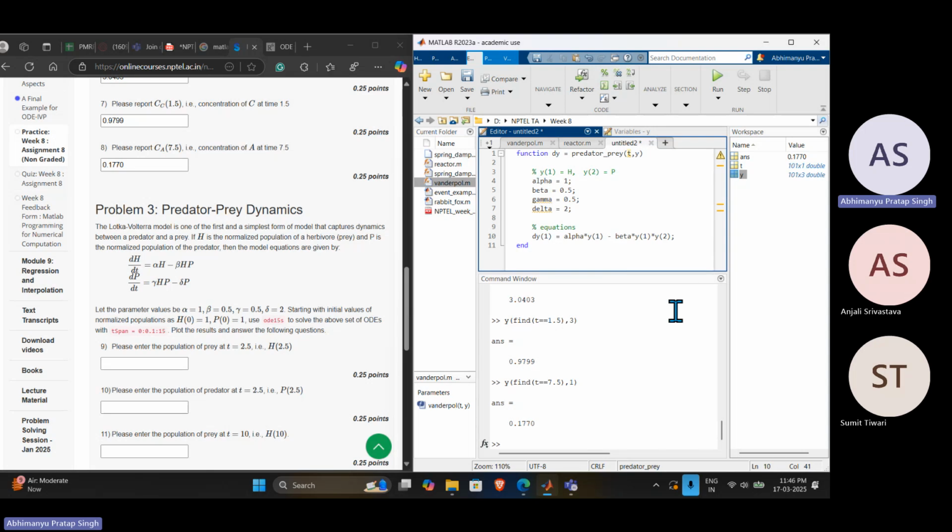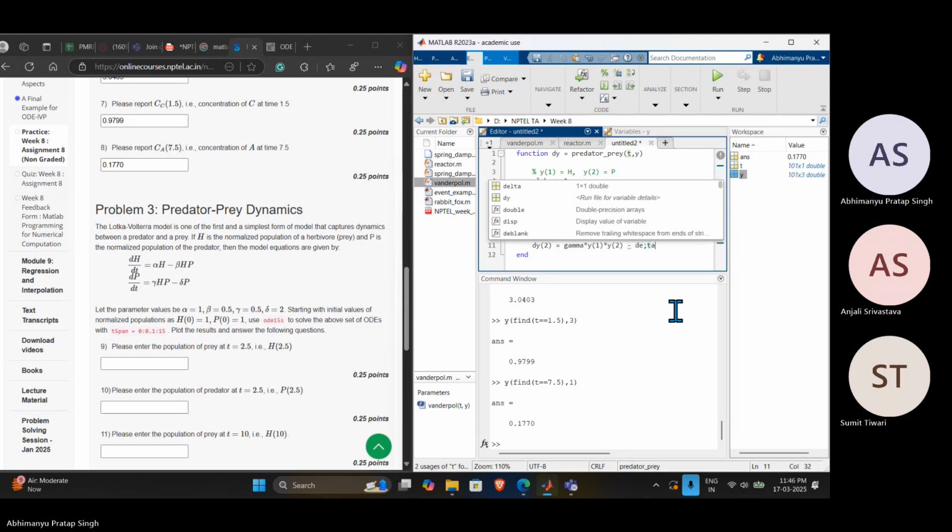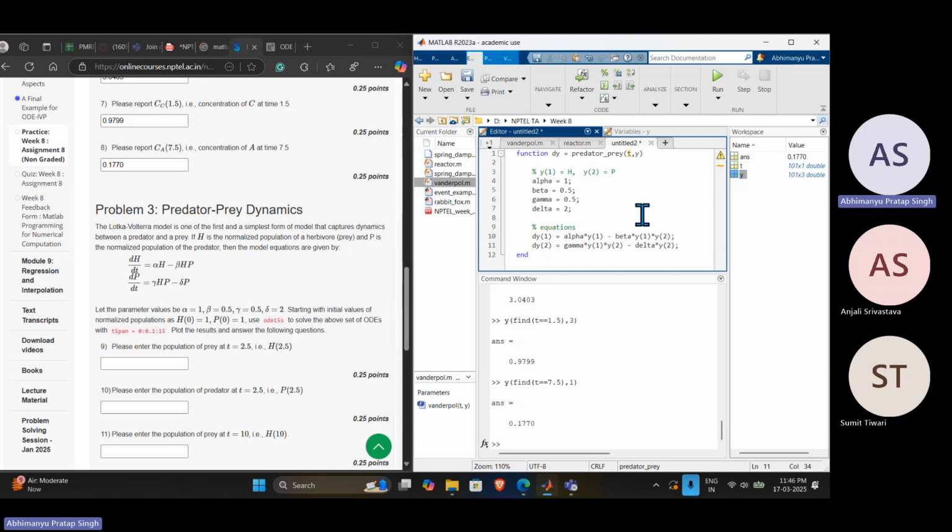Yeah, okay. This is gamma times y1 times y2 minus delta times y2. Okay, and this is all I need. We'll save this.